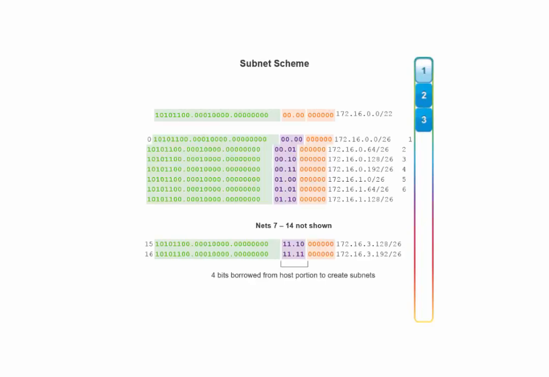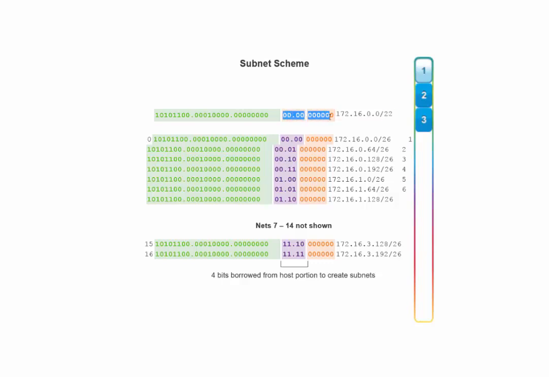So this example here shows how to determine the number of subnets and the size of each network. If we have a network with this network part, and the host portion is, in that case, 10 bits, the network address is 172.16.0.0/22.